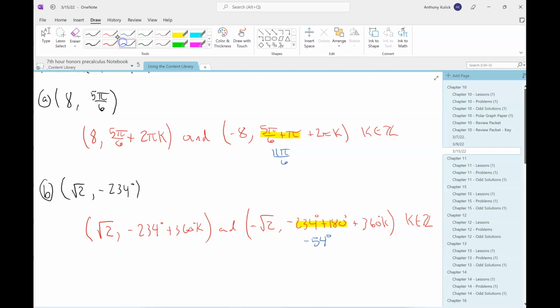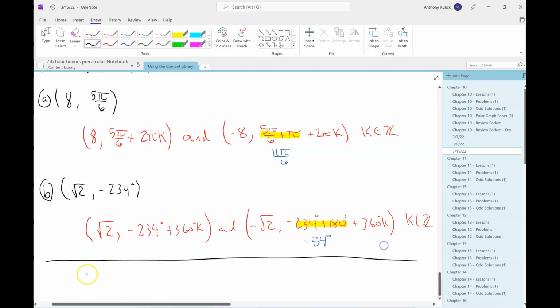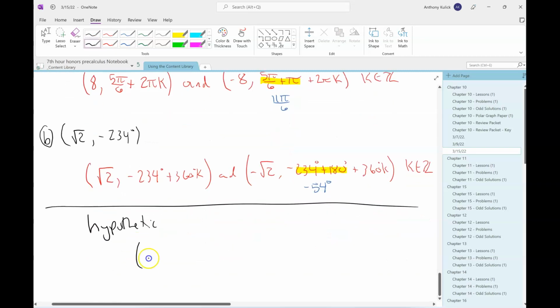So we have plus or minus r, comma, theta plus parentheses 1.5 plus or minus 0.5, close parentheses, πk.